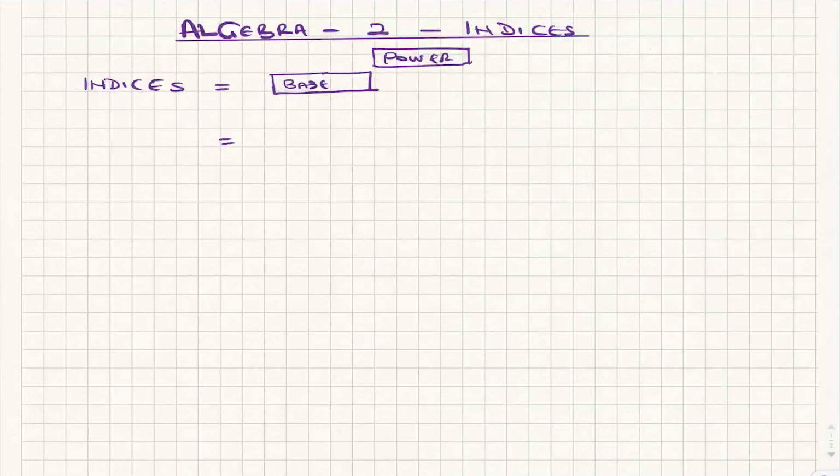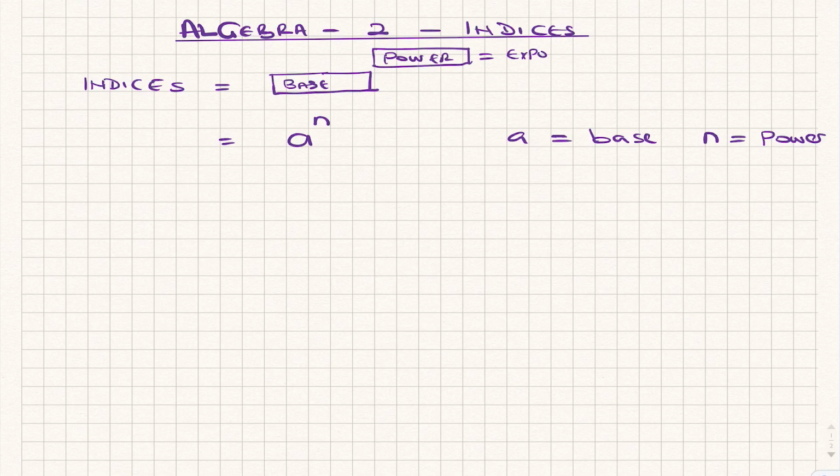An example would be a base a to the power n, where a is the base and n is the power. Remember, power is also called exponent, and it's also called index.